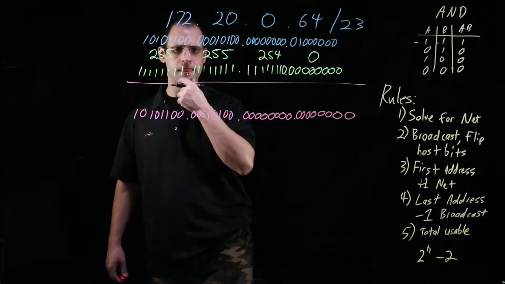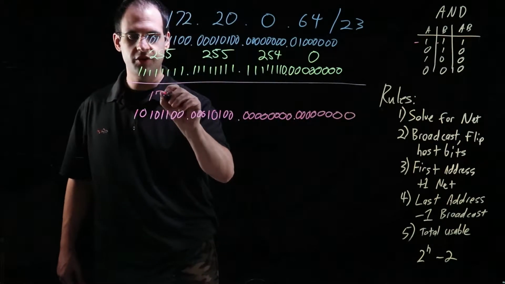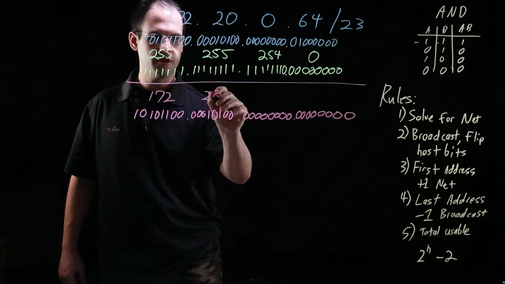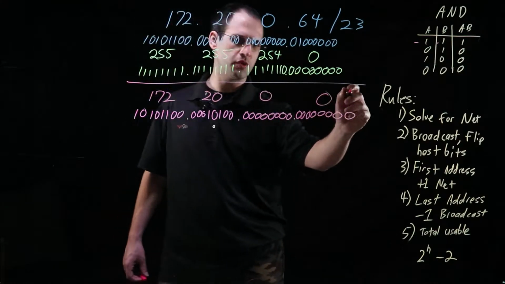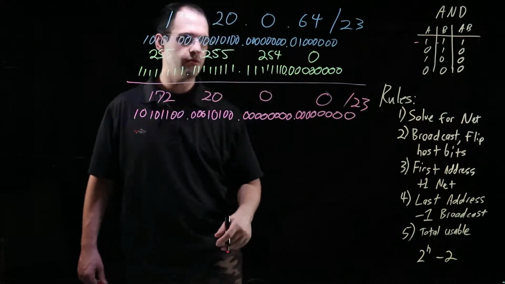So we can find that this is 172.20.0.0/23. There's my network address.